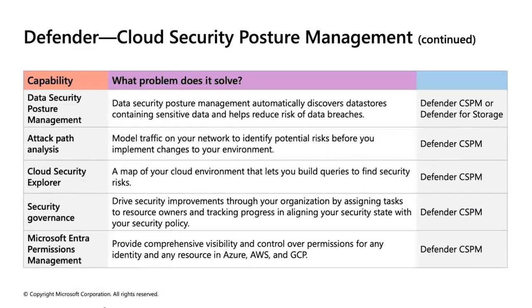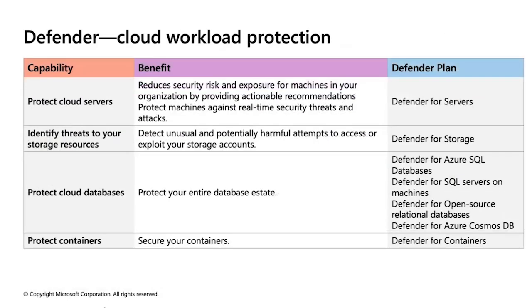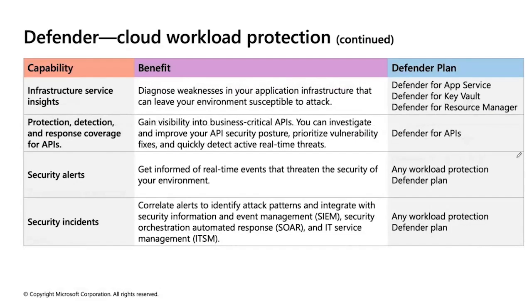Also, we get different kinds of CWP, cloud workload protection here. In cloud workload protection, we have Defender for Servers, Defender for Storage, Defender for SQL or Defender for databases, and Defender for Containers to protect these different kinds of workloads. We have Defender for App Services, Key Vault and Resource Manager, and Defender for APIs.